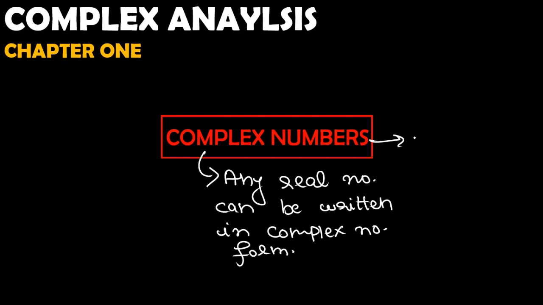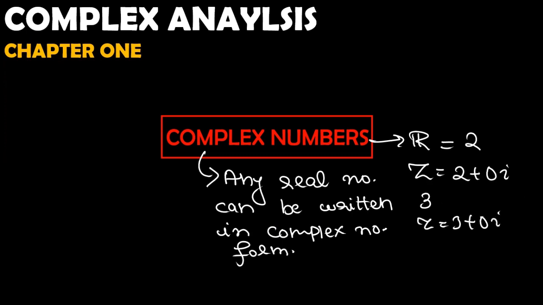If you give me a real number equal to 2, then I can write Z is equal to 2 plus 0 iota. If you give me 3, then I can write 3 is equal to 3 plus 0 iota. So any real number can be represented in complex number form if we put 0 in the imaginary part.